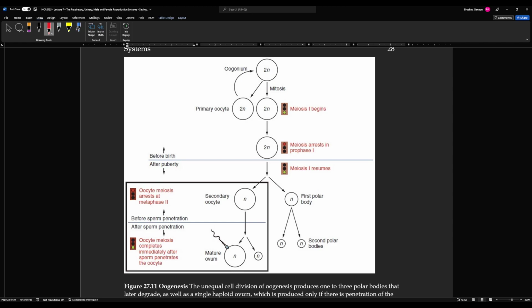We would not be able to have viable offspring if the numbers did not match up. So if, for instance, two normal cells fused together that both had full count genetic material, you would end up with realistically a non-viable offspring.